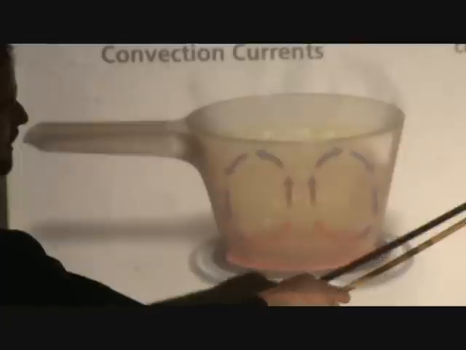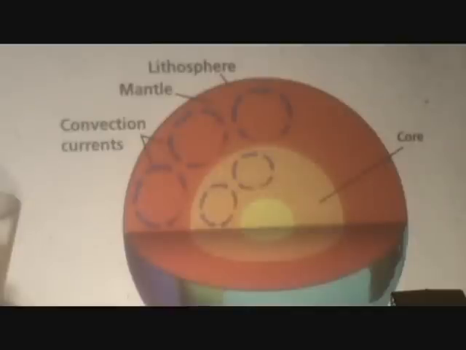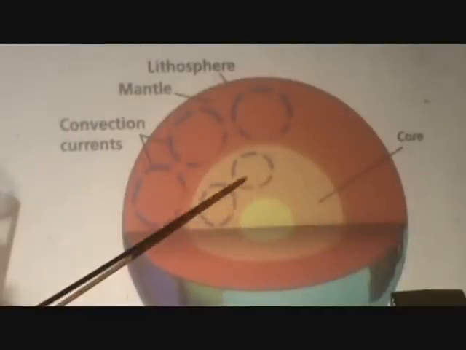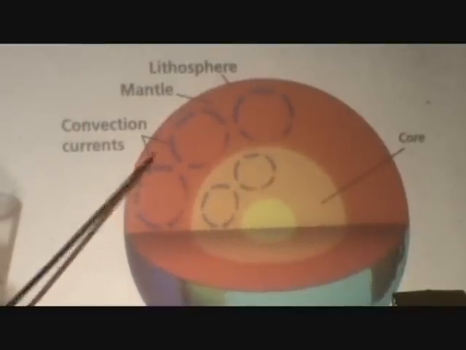Now, I connected this to what's taking place in the Earth's interior in both the mantle and the outer core. As you can see here in this cross-section of the Earth, you have convection taking place in the outer core and in the mantle.